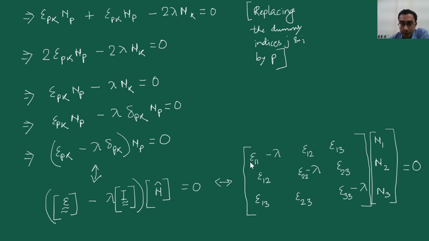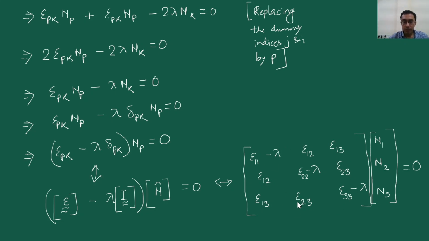Now, this statement that we are obtaining is a system of linear equations, and you see that this is the classic form of an eigenvalue problem, which you are familiar with from your first year engineering mathematics days. Now, in order for this entire equation to have a non-trivial solution, you know the answer. You have to set the determinant of this matrix to be equal to 0.